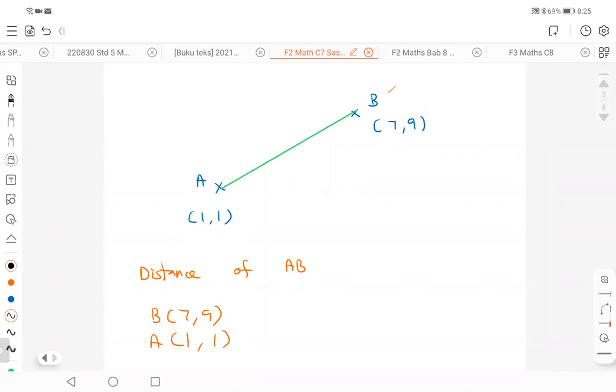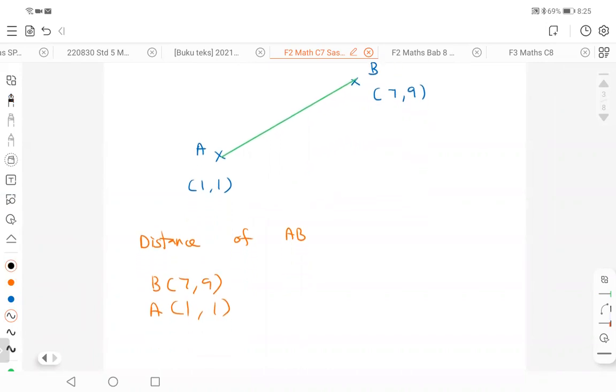Over here it's the same thing, based on the coordinates you have listed down. So now we write AB equal to square root. Then open the bracket first, x square plus y square.